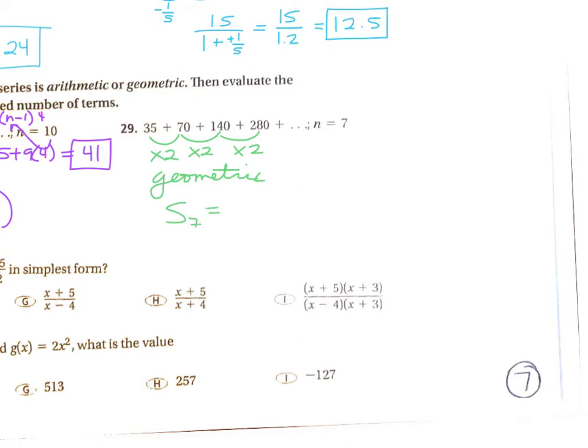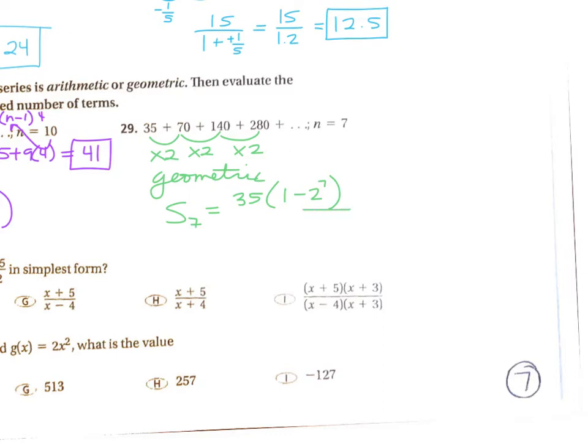And for this one, because it's geometric, it's a different formula, right? We take our first term times 1 minus our common ratio to the nth power. Don't forget to put that parenthesis behind it. If you don't put that there, this doesn't work out nicely.